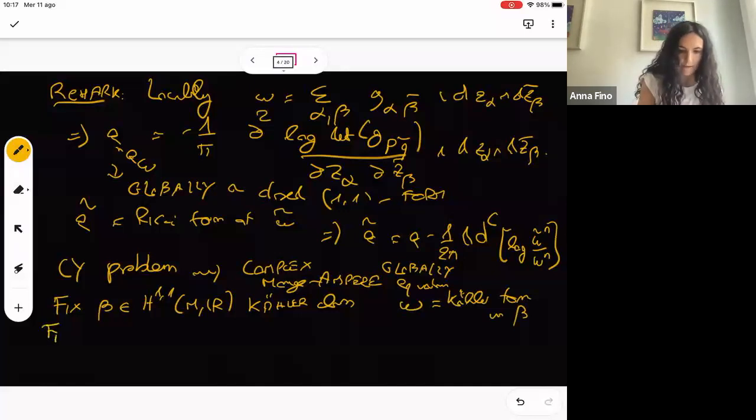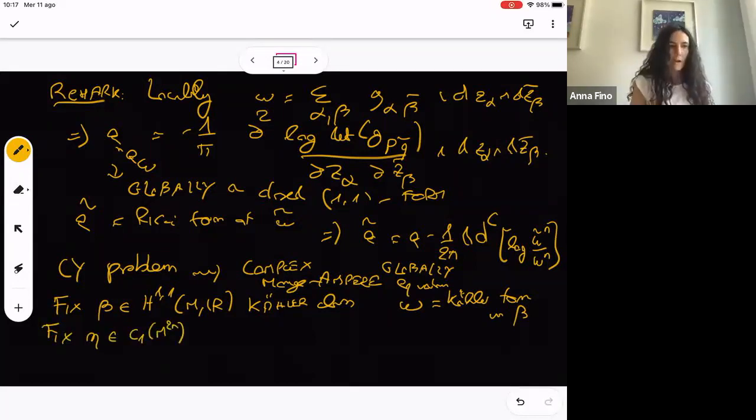Then we fix eta in c_1 of our manifold. By the dd^c lemma, we can write rho as eta plus dd^c h.